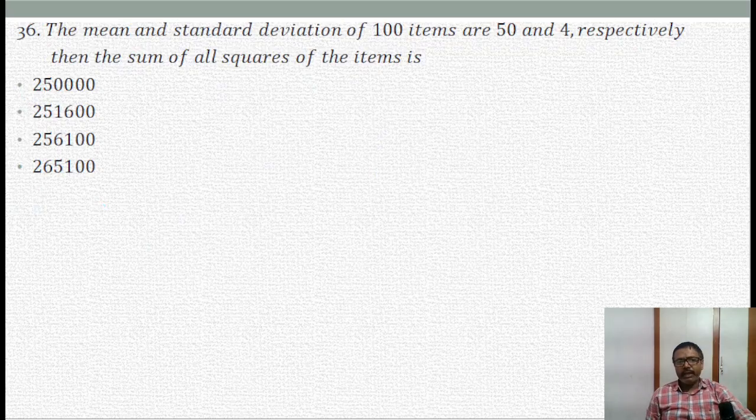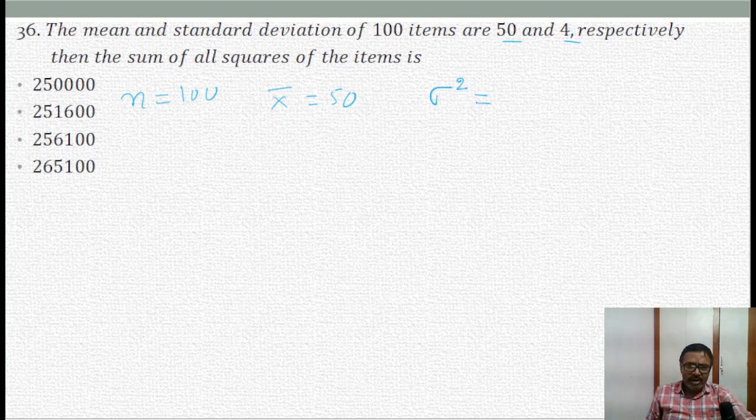36th question. The mean and standard deviation of 100 items are given. 100 items means the number of observations is 100. Mean is 50. Standard deviation is 4. Mean is x bar, standard deviation I will take as sigma is equal to 4, then sigma square is equal to 16. Why sigma square, friends?